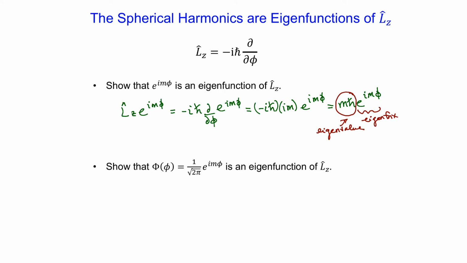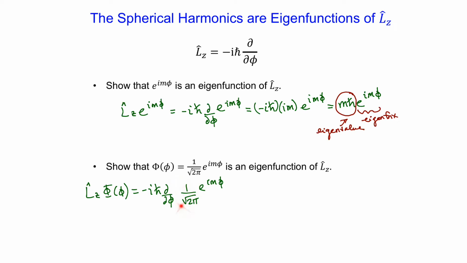Okay, hopefully you now have an answer for this question, so let's take a look and see what we end up with. So we have LZ acting on our function. Okay, so remember LZ is minus i h bar d phi, and then pop in your function. And hopefully you realize that this is just the same thing we did up above, except we just have this new constant out front.